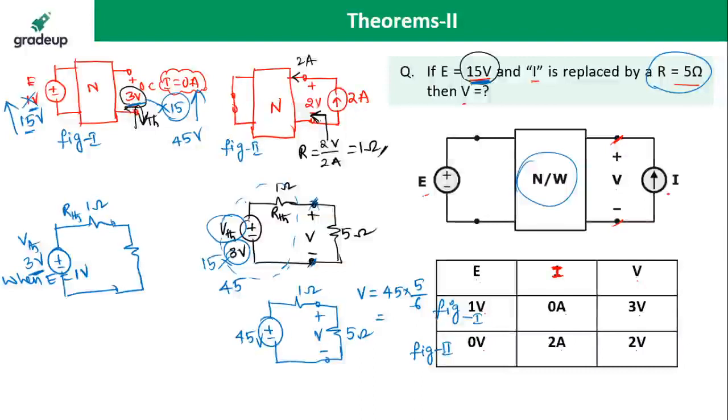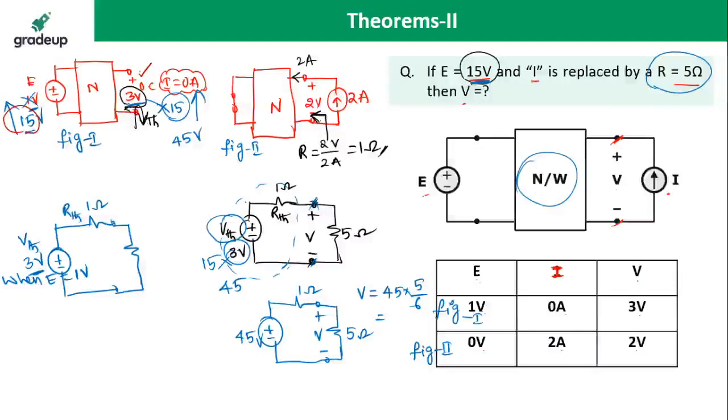But is he asking the value across the resistance with E equal to 1 volt? No. He has given E as 15. So as he has given E as 15, I am increasing. If E is 15 volts, this open circuit voltage could also be increased by 15 times, right?